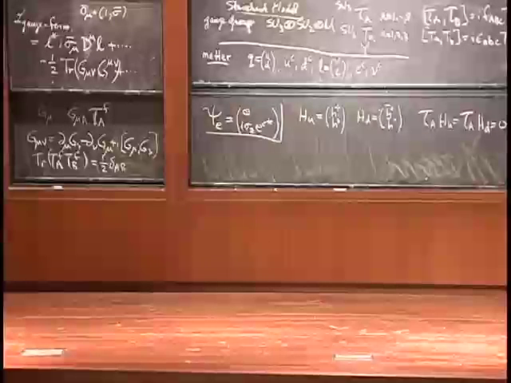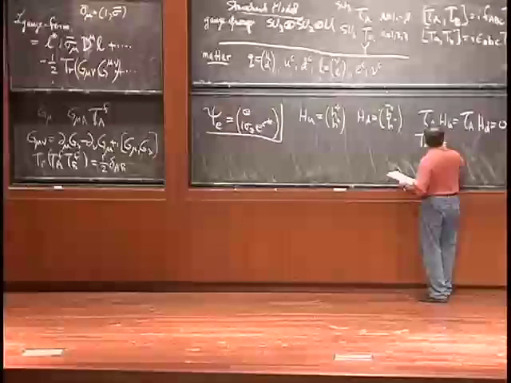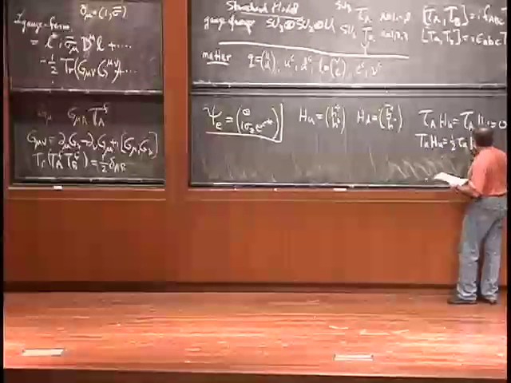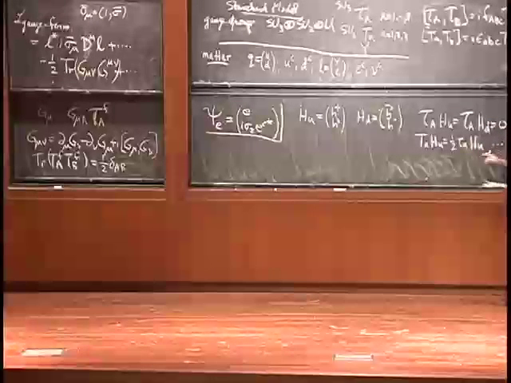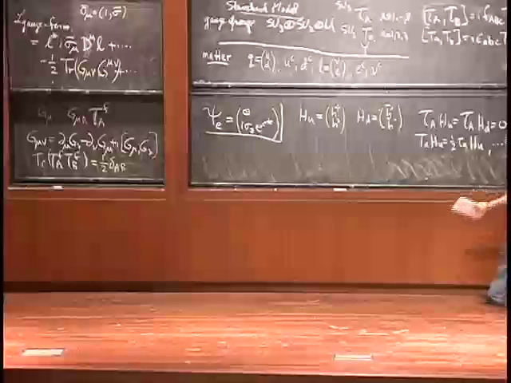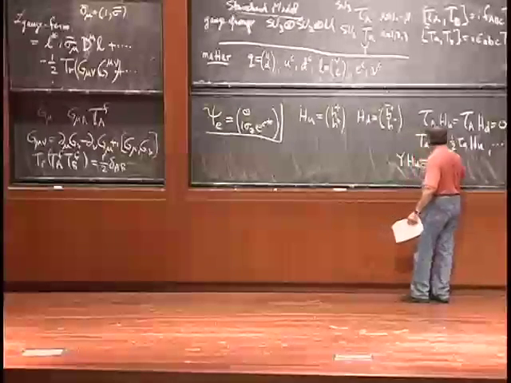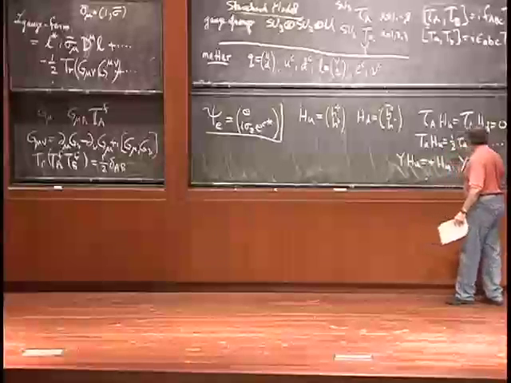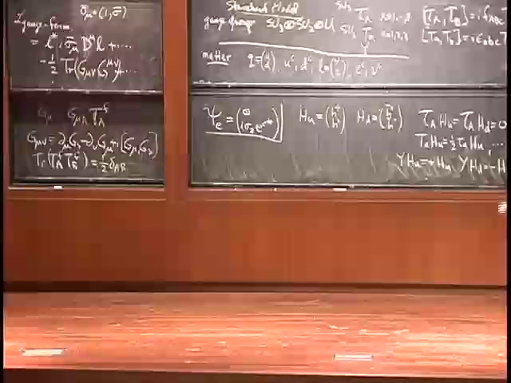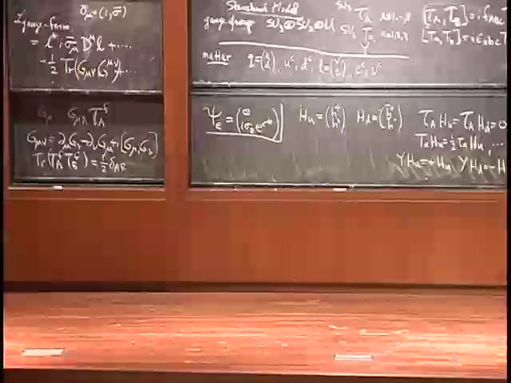They're singlets under SU3. They are both doublets under SU2. And they have equal and opposite hypercharge, +1 for H up and -1 for H down.